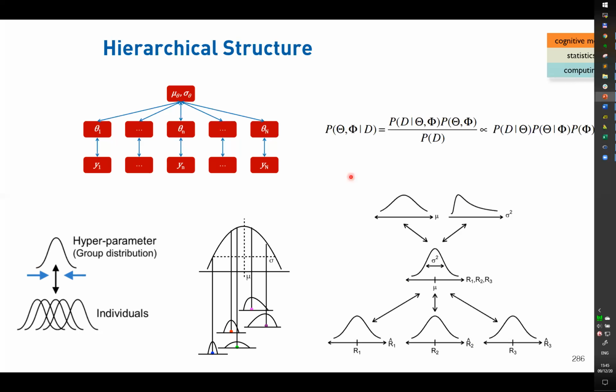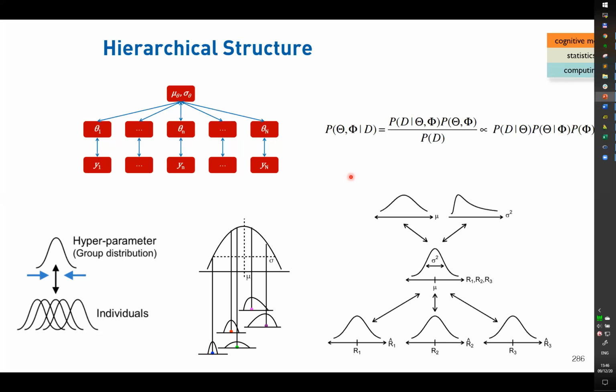Practically, I'm not sure what other people will say, but what I consider is that it is always recommended to do hierarchical fitting. Consider both the group level and the individual level. And this is also less sensitive to outliers, to bias, to someone who deviates a little bit from the group.